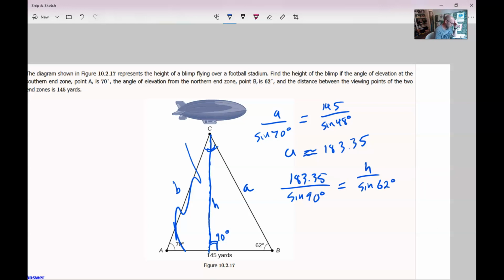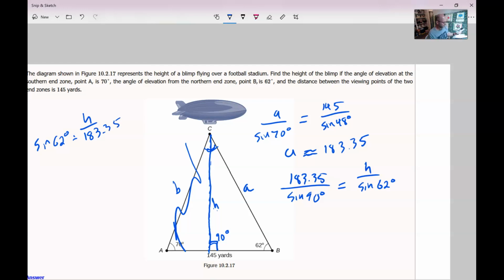And like I said, you could have just used sine, because we know the hypotenuse and we want to find the opposite. In that case, you'd say sine of 62 is equal to opposite h over hypotenuse, which would be 183.35.